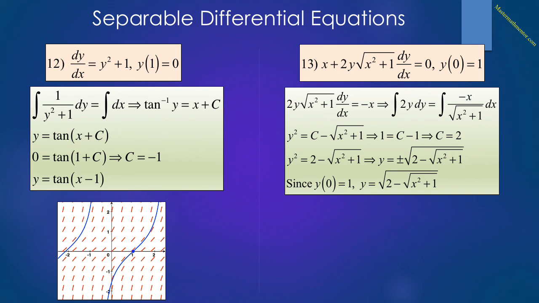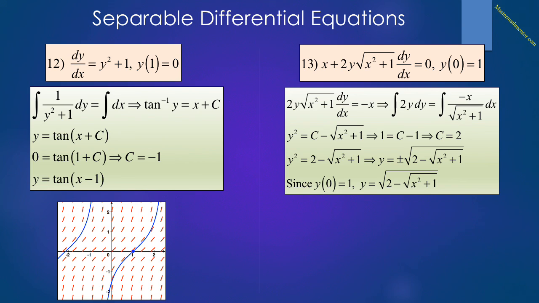Therefore, our solution is y squared equals 2 minus the square root of x squared plus 1, or y is equal to plus or minus the square root of 2 minus the square root of x squared plus 1.